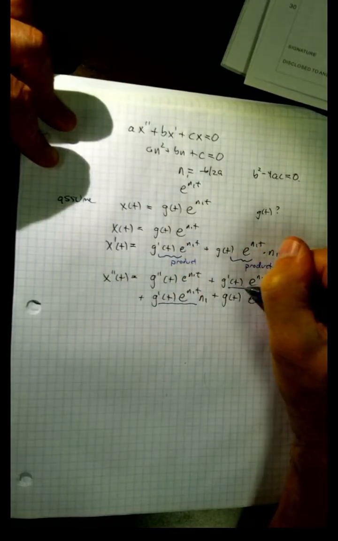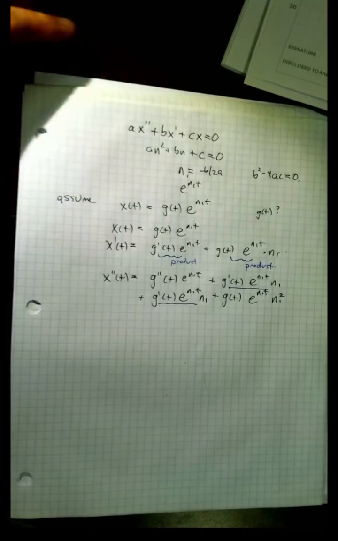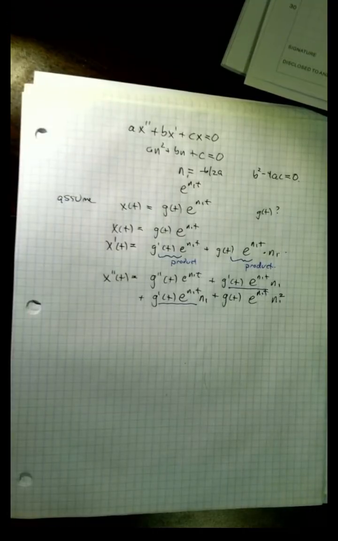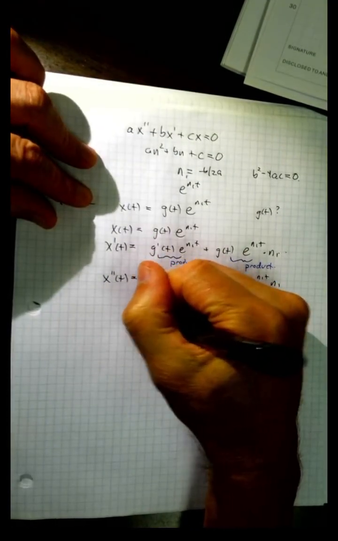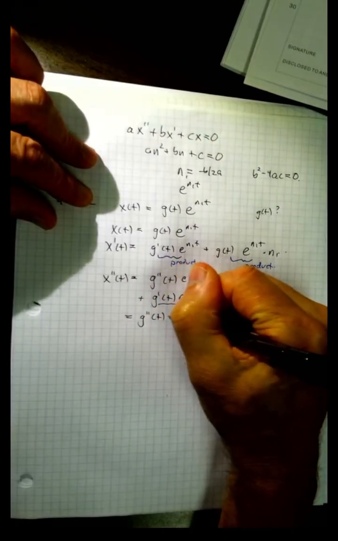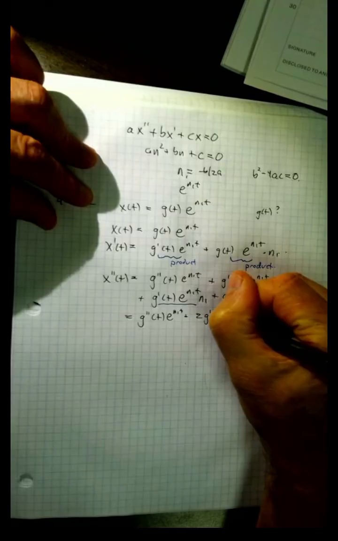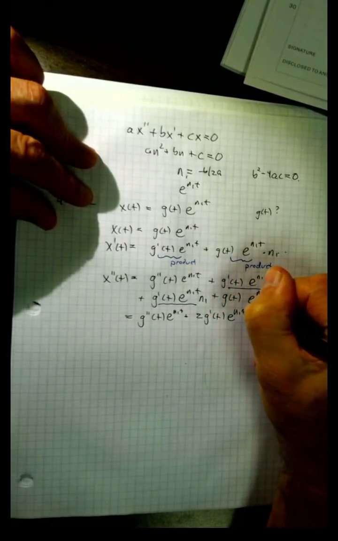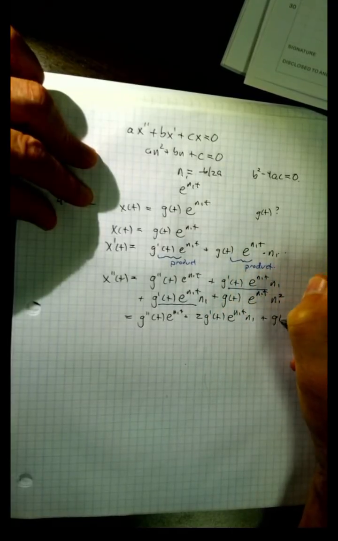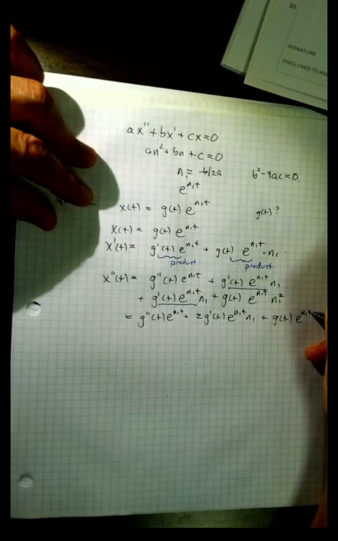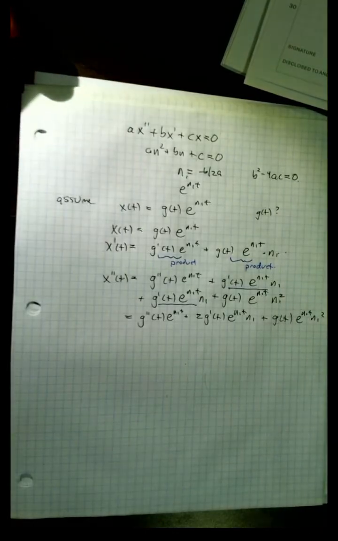Notice this term and this term are the same. So let me clean this up a little bit. I have two g primes, e to the n1t, n1, and I got g, e to the n1t, n1 squared.